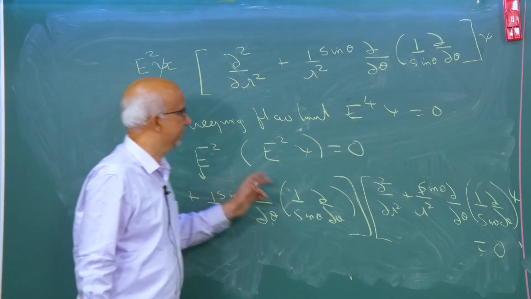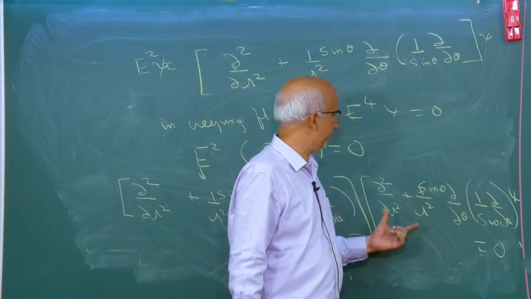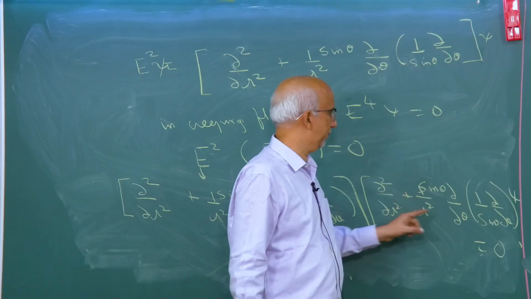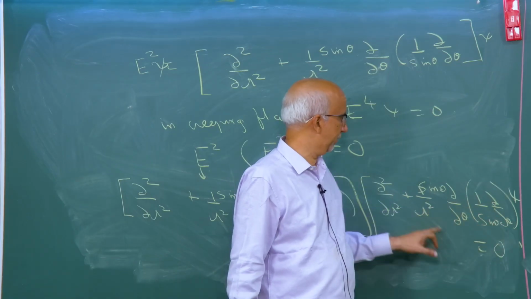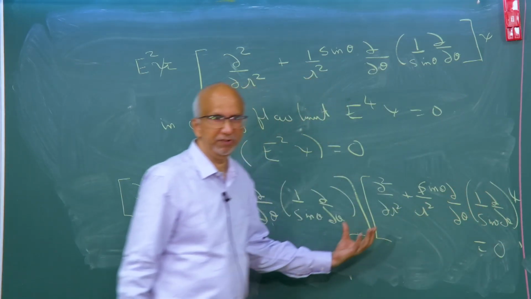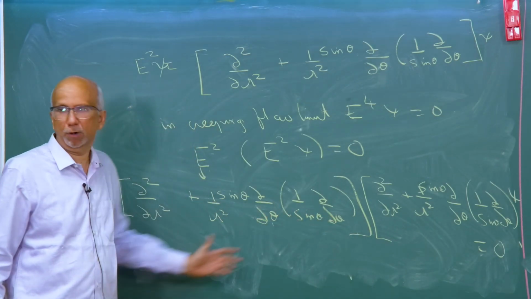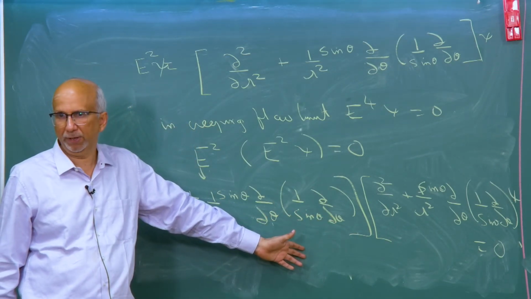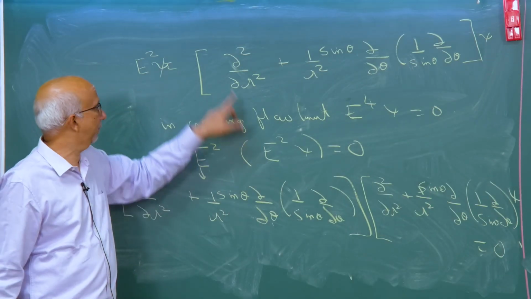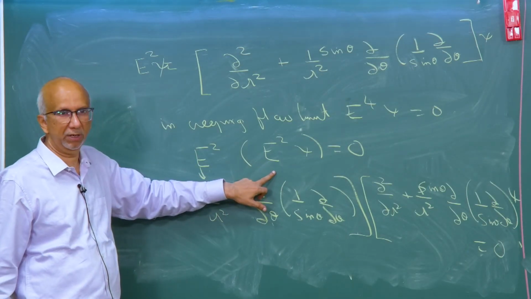The idea is I find the second derivative with respect to r plus derivative with respect to theta, I do this operation on psi, and I will get some function. On that function again I am operating with this. That is what I mean by E squared of E squared. E power 4 is E squared of E squared. What does it mean?